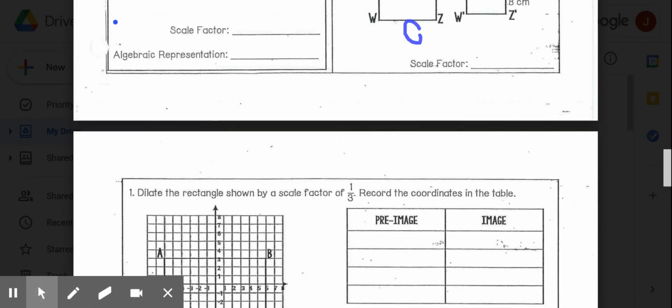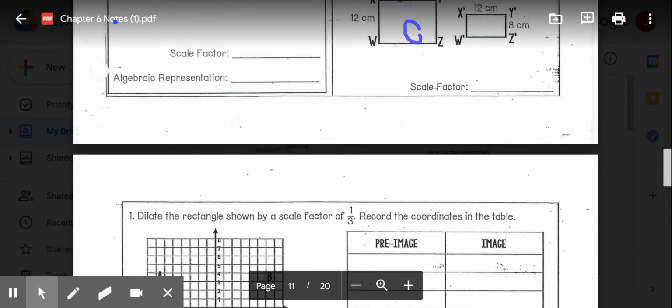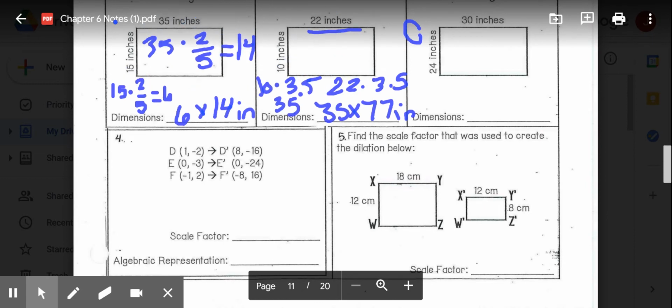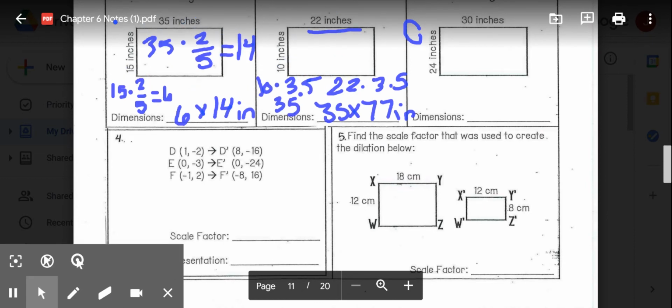All right, and here in number 4, you can see that we are given ordered pairs instead of dimensions, but really this is the same kind of idea that every new figure is found by multiplying the original by the scale factor. But in this case, we're actually looking for that scale factor.